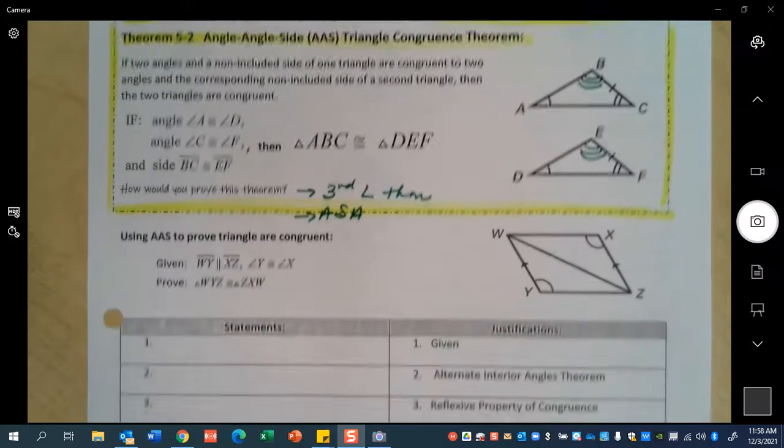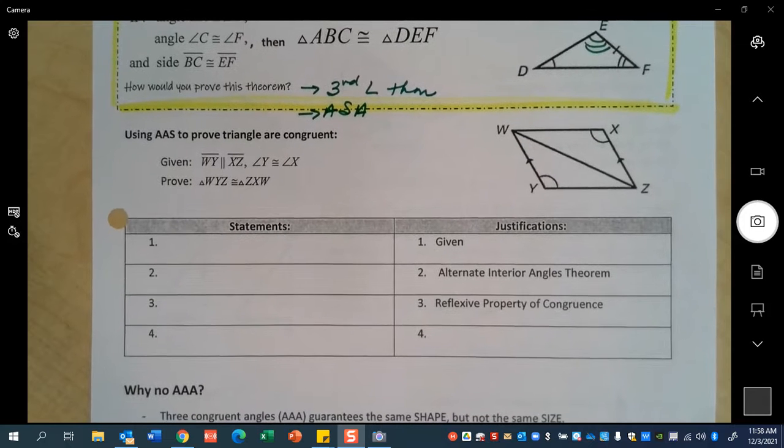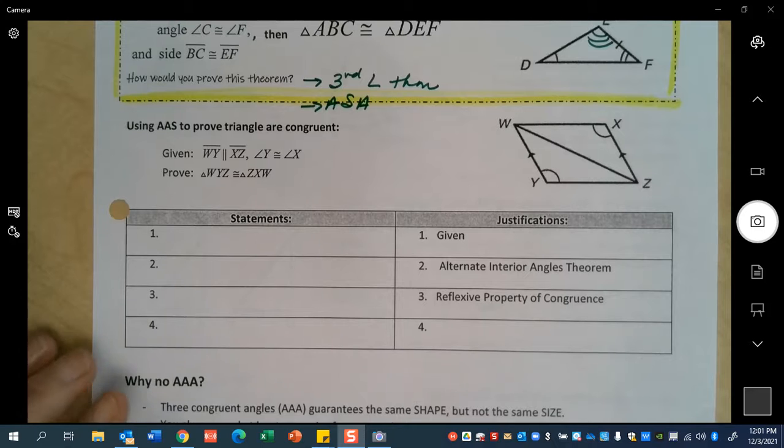So when we use angle, angle, side to prove triangles are congruent, all we need is two angles, any two angles, and one side. With your group, complete this proof. And your mark is set, go. All right, you ready?